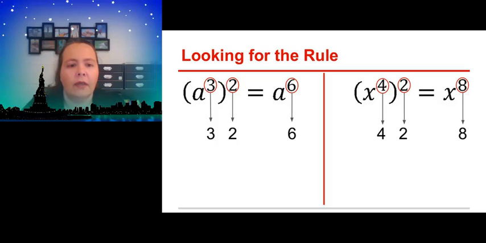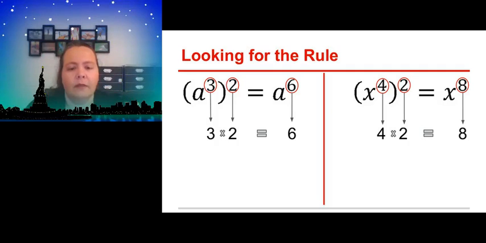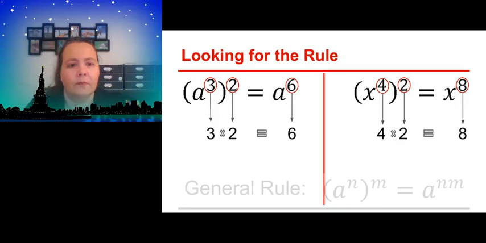As you look at the 3, 2, 6 on the left-hand side and then the 4, 2, 8 on the right-hand side, hopefully you can see that if you multiply 3 times 2, you get 6, and 4 times 2, you get 8. So the exponent that is inside and then outside the parentheses, if we multiply them, then we get the exponent of our answer.